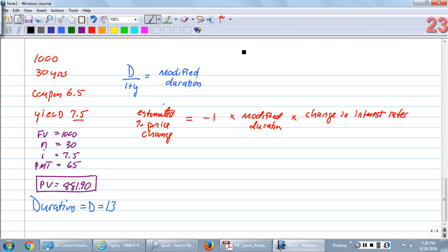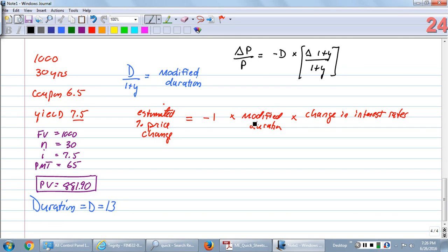So let me write how your textbook did it. It's the same thing, but I'm going to put delta P over P, which is the change in price over price. So that's percentage price change, equals -D times the change in 1 plus Y over 1 plus Y. Believe it or not, these two things say the same thing.